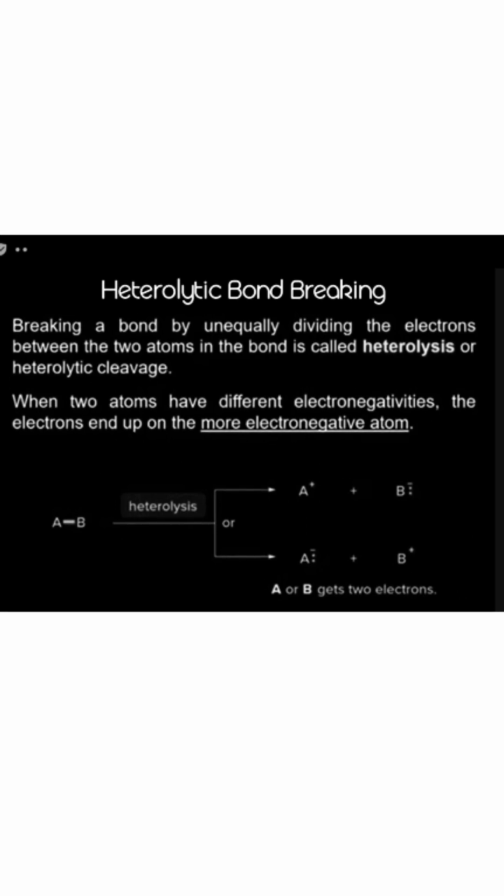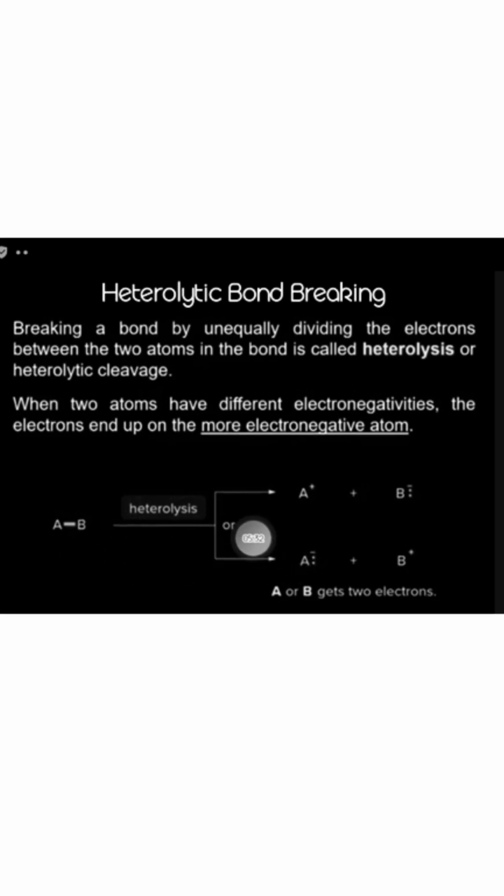Now, what is heterolytic cleavage? Heterolytic cleavage is the unequal distribution of electrons. It is simply defined that electrons are unequally distributed between one atom and another atom when the bond between two atoms or molecules is broken.